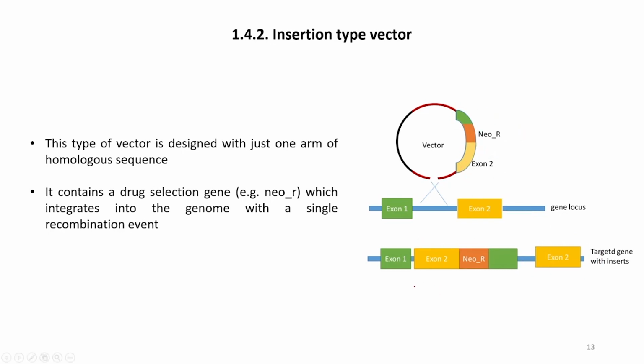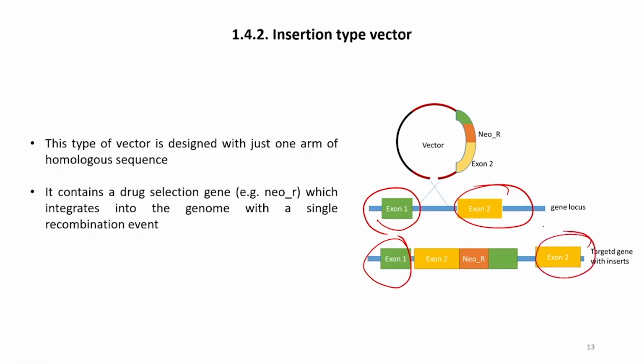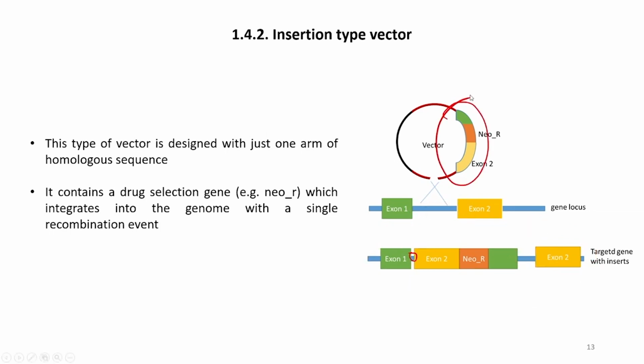And as a result, you can see in the targeted organism there is no loss of any DNA sequence. Both the exons as well as the intervening region are retained, but we have here insertion of the sequence which is there in the vector, the insertion type vector.